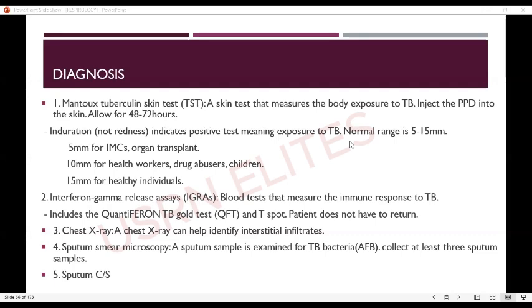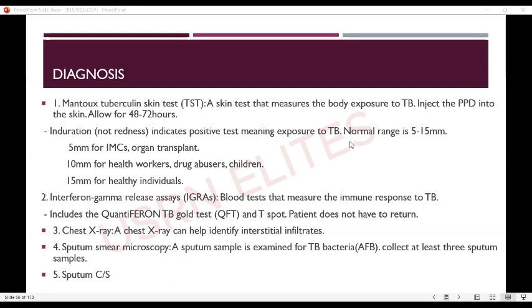Yes, so when we inject the PPD, how many millimeters should it be? Not the normal range, but when you give the intradermal, what millimeter will it be, so that we can confirm whether it's negative? You've given a normal range to be 5 to 15.